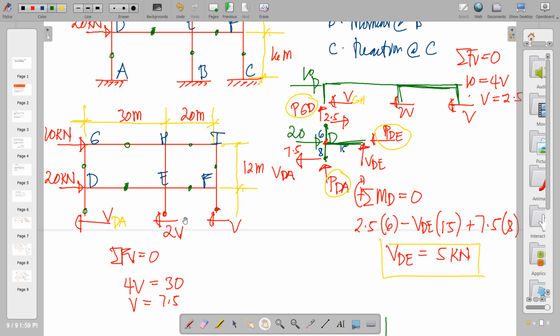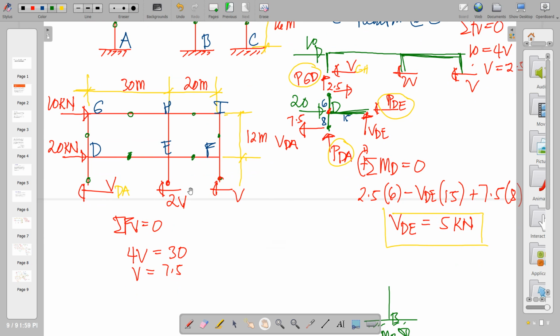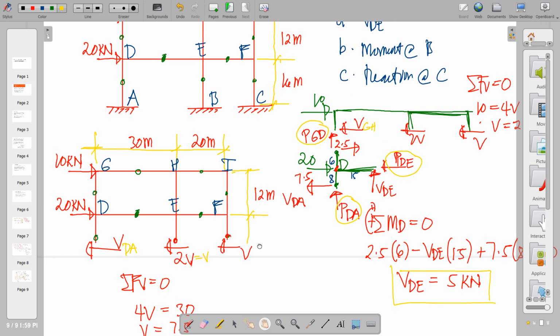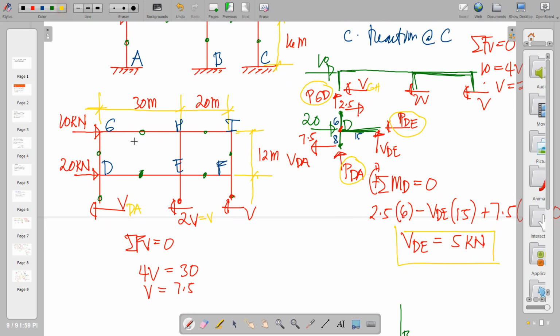So as we can see, the portal involves 2V here. So this is actually the shear at BE. This is the shear at BE. So 2V here is 7.5 times 2, that is 15.